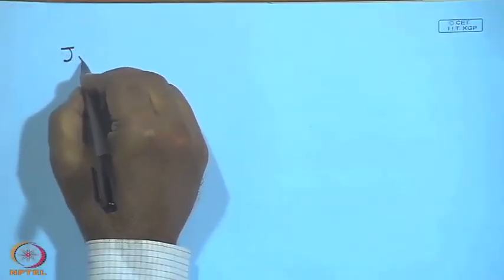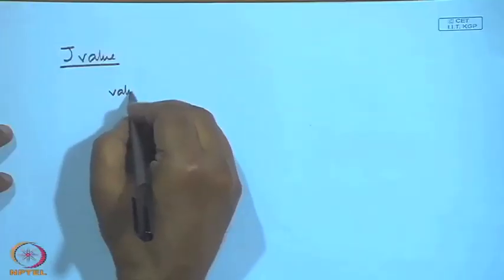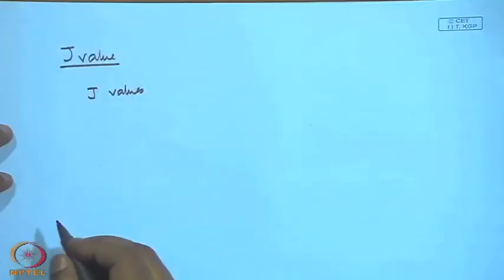Let me give you this very important one: the J value. The J value is very important again to distinguish a heterocyclic nucleus from non heterocyclic nuclei. Okay. How do I know? There is a guideline, I think a standard formula.